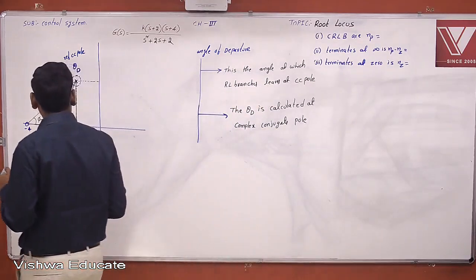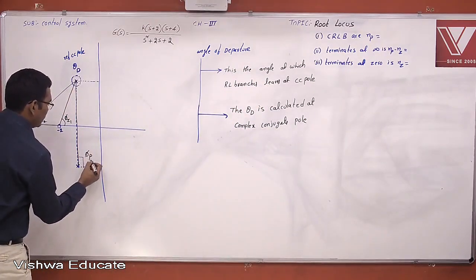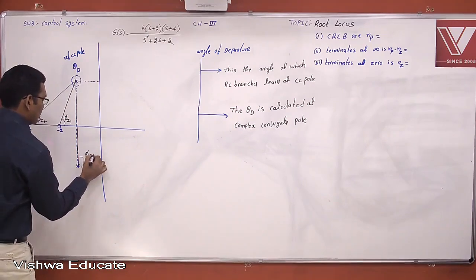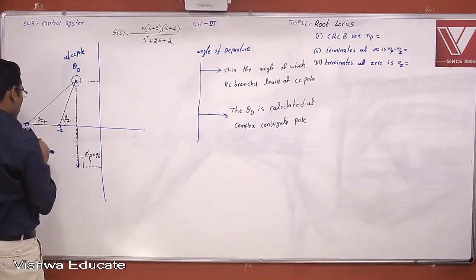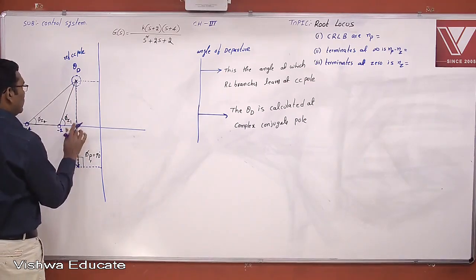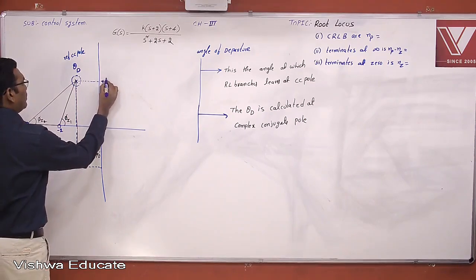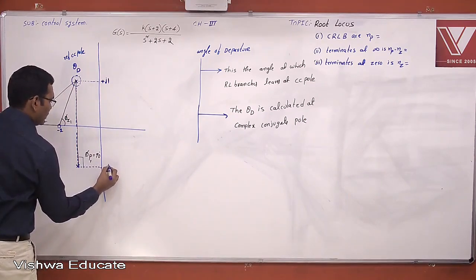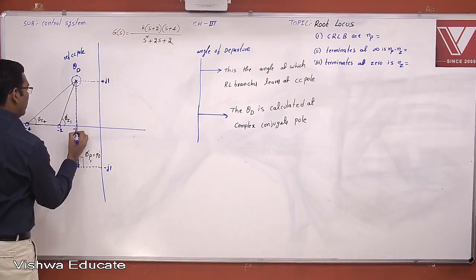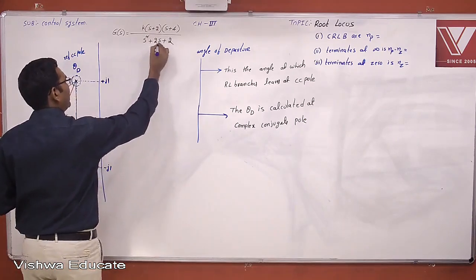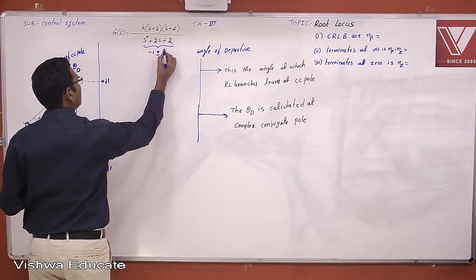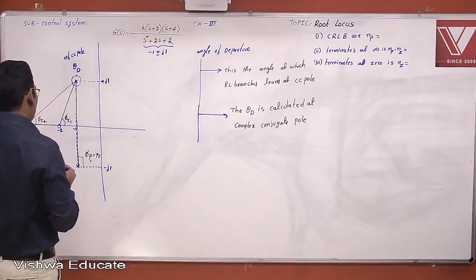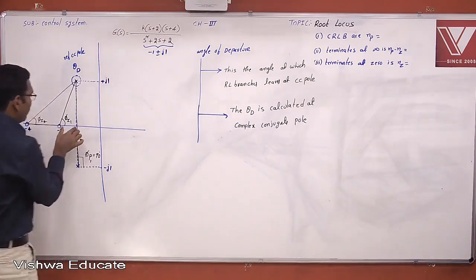Okay. Now, what is phi p? Let us assume phi p1. This is very simple. Phi p1 is nothing but 90 degrees. Now what is phi z1? This is the reference, minus 1 plus j1, and minus 1 minus j1. This is the complex conjugate, minus 1 plus or minus j1. Right. So now what is phi z1?